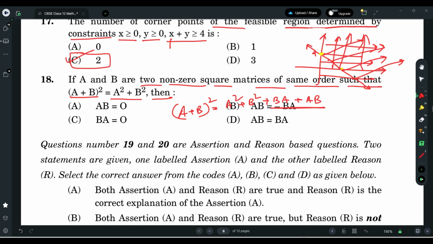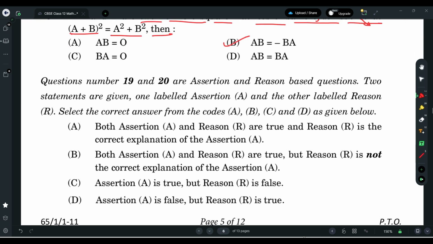That means these two terms add up to 0, which means BA equals minus AB. Okay, so which is the correct option? Let us remove this. The correct option is AB equals minus BA. Okay, next, 19.